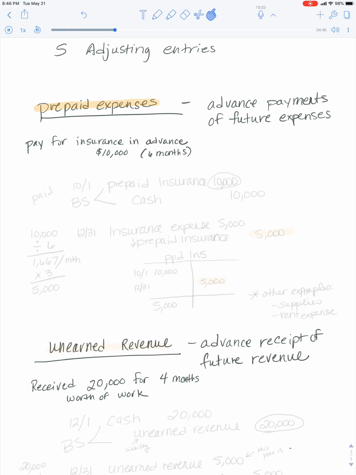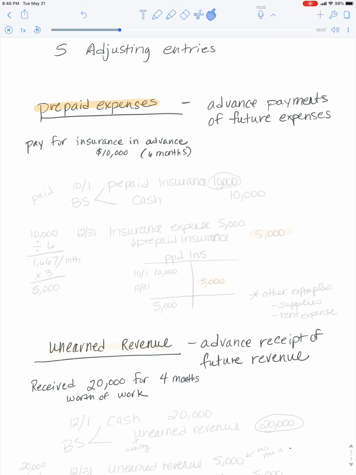So here's an example. Let's say we pay for our insurance in advance. So usually, like car insurance, you might pay every 6 months or every year, or maybe every 3 months. So you're going to pay for your insurance in advance, but you don't actually incur the expense until the month has passed or each month has passed.